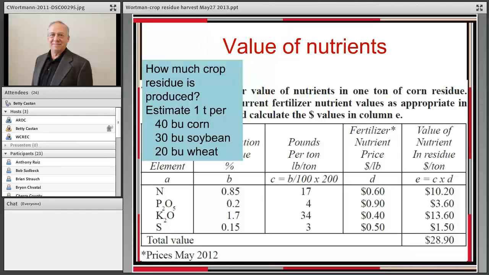In estimating how much crop residue there is, what we suggest is you use these guidelines: it's about 1 ton for every 40 bushels of corn, 1 ton for 30 bushels of soybean, and 1 ton for 20 bushels of wheat. So if we have a 200 bushel corn yield, we should have about 5 tons of crop residue.